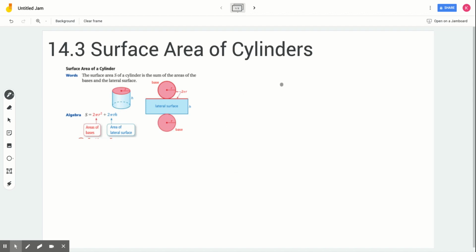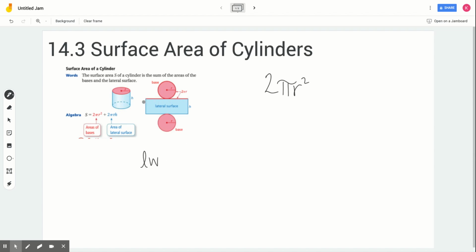So we know that the area of a circle is pi r squared. That's how we find the area of the circle. Since we have two identical circles, we can use the formula 2 pi r squared to find the top and the bottom. Now, to find the area of a rectangle, we use length times width.